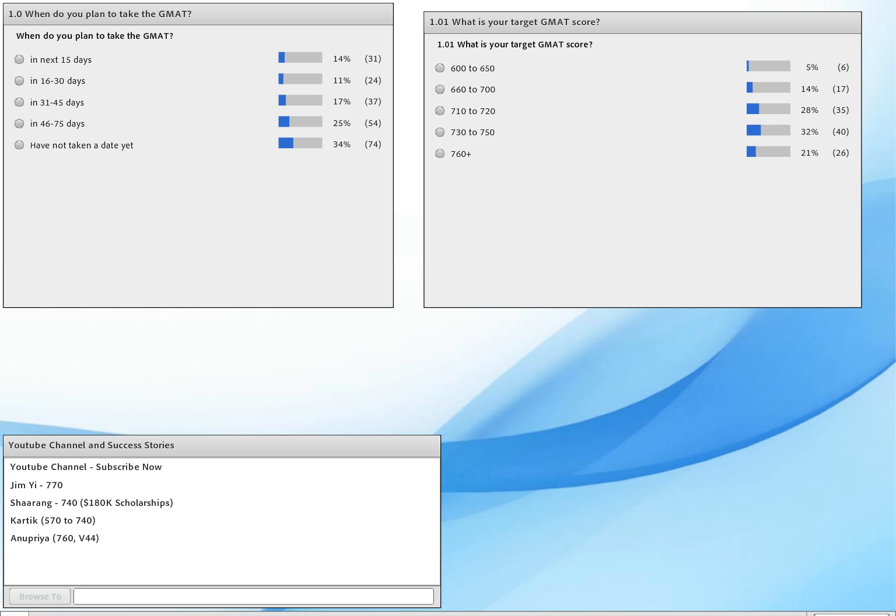With regards to the target GMAT score, a big group is aiming for that perfect 99th percentile or better. That's about 21% of you. A really big group is in that 730 to 750 segment, which is what I call the sweet spot. A big group also in that 710, 720, and about 17% of you are in that 600 to 700 segment.